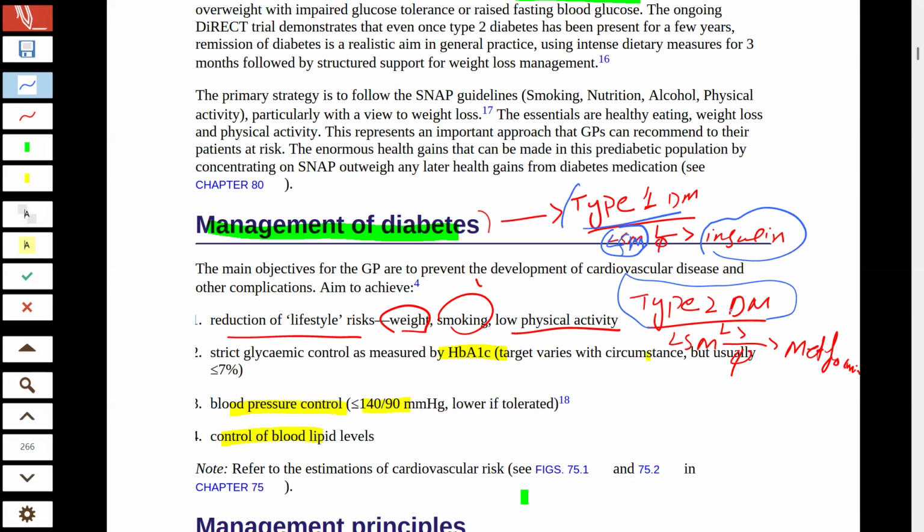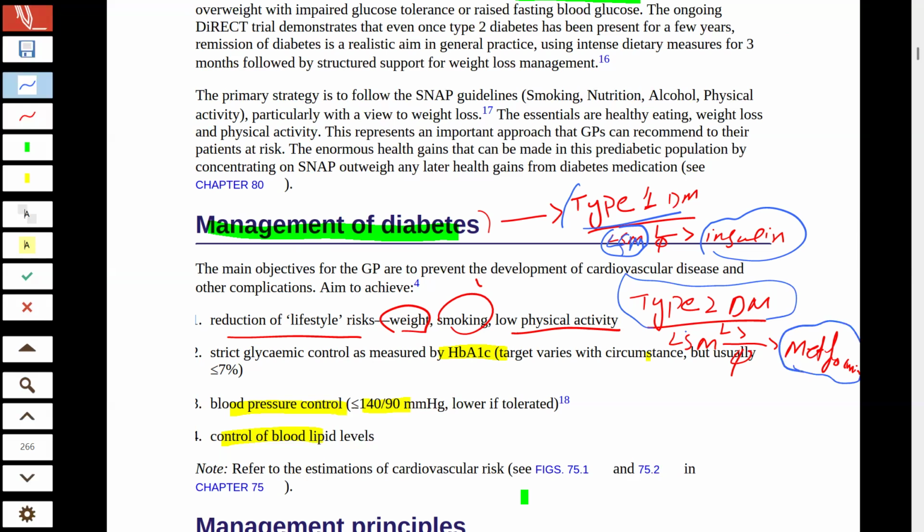The problem is that their resistance increases, might be due to obesity or other causes. So to overcome the resistance, we will add a drug to act on the tissue receptor, which increases the sensitivity to insulin. First line is metformin.